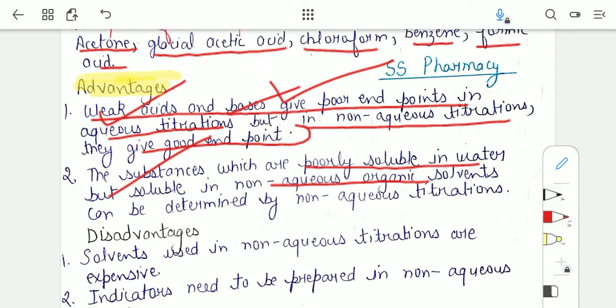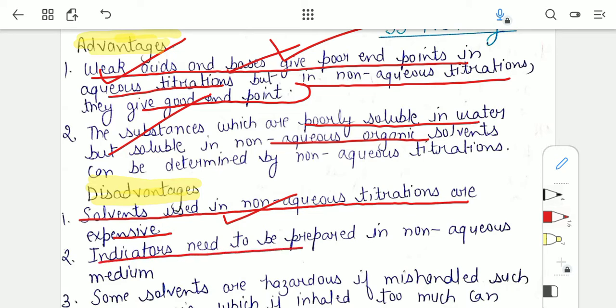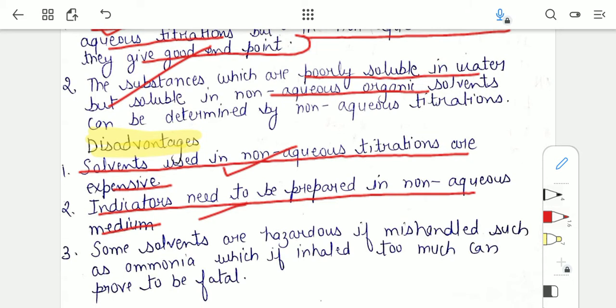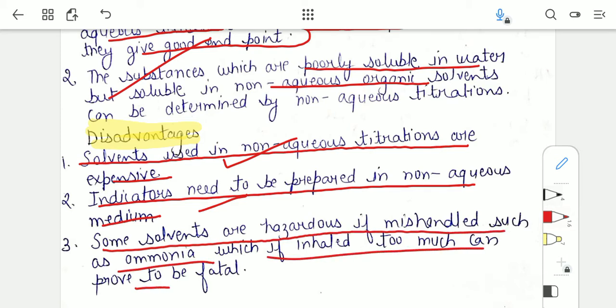Now let us see the disadvantages. The first disadvantage is that the solvents used in non-aqueous titrations are very expensive. The second is that the indicators need to be prepared in non-aqueous medium. The third one is that some solvents are hazardous if mishandled, such as ammonia, which, if inhaled too much, can prove to be fatal.